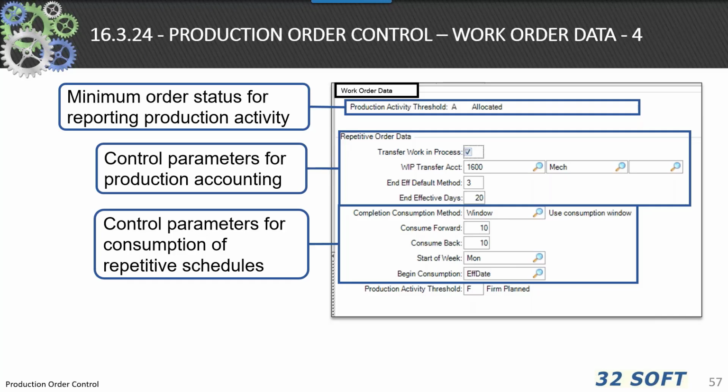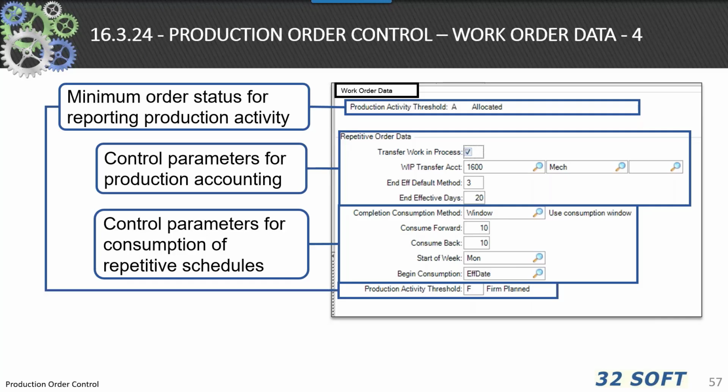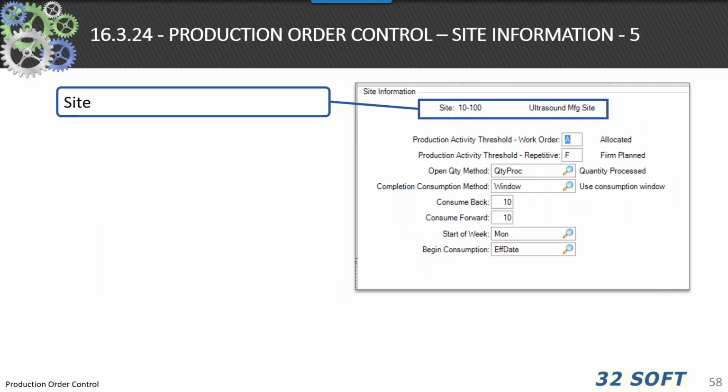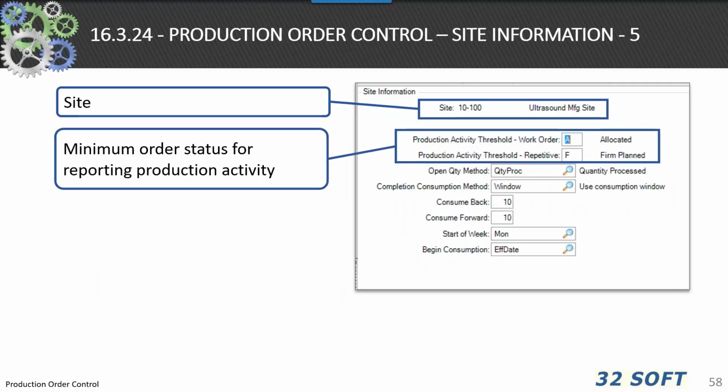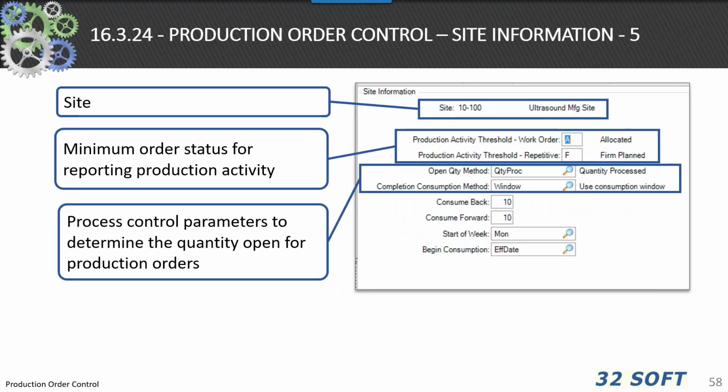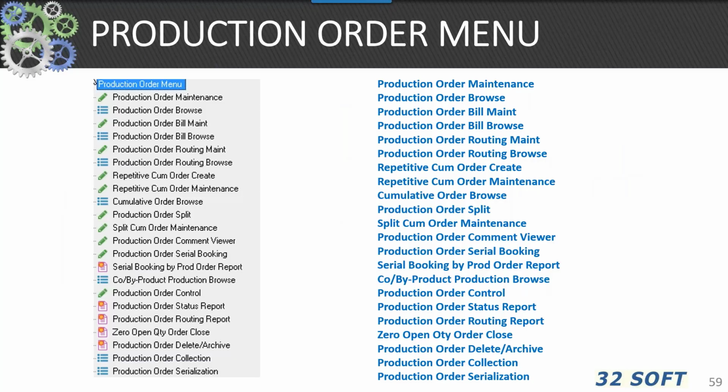So there's lots and lots of fields available for the process. In sites, you've got the site minimum order status requirements, process control parameters. There's lots and lots of combinations that you really have to understand about what is happening with that control file. So let's look at the functionality set forth in this new production order process.